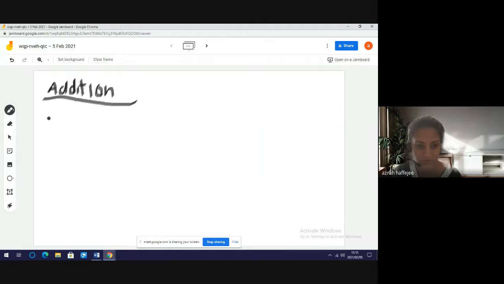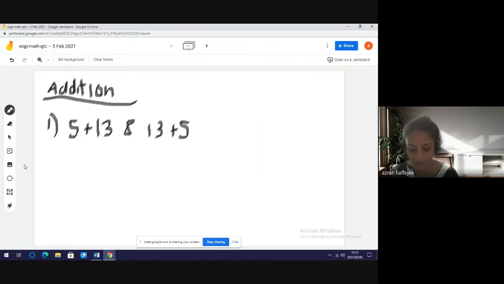So the first question in the example box says calculate 5 plus 13, right? And it says calculate 13 plus 5. What do you notice about the answers?